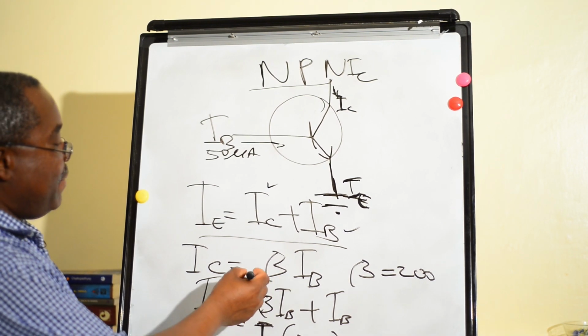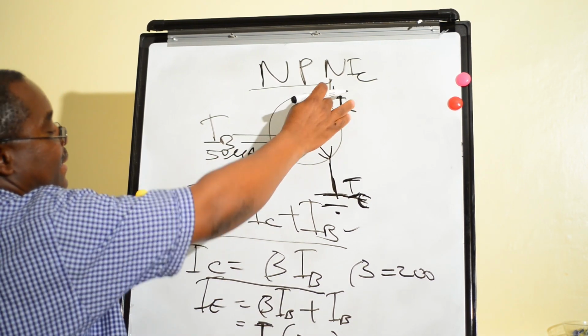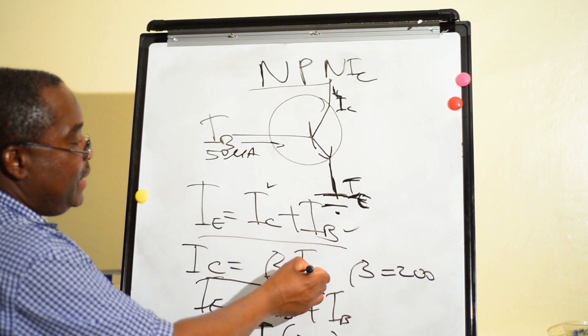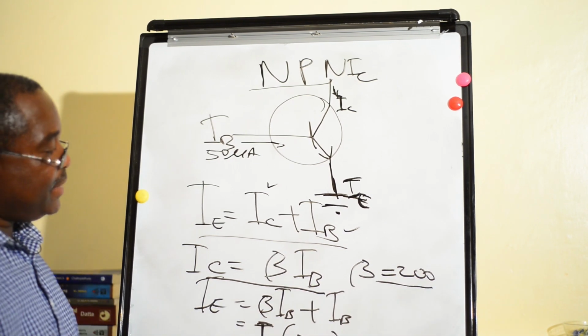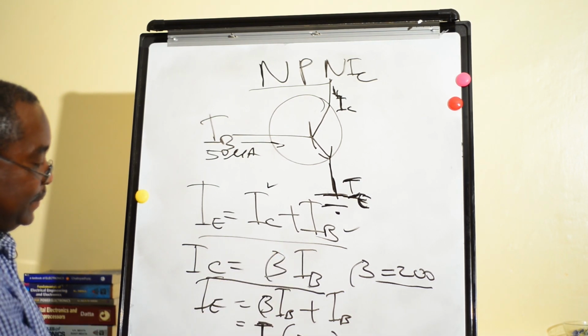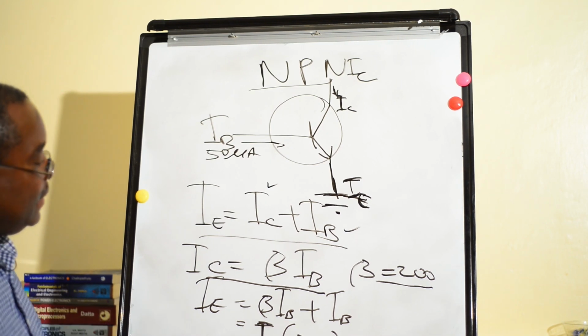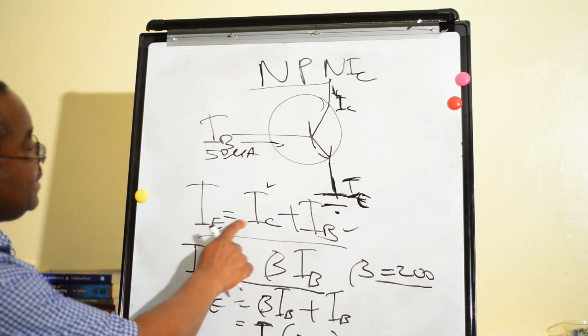And our beta, IC current here is beta times IB, and the beta is this factor 200. So we have our IC here. IE again is IC plus IB.